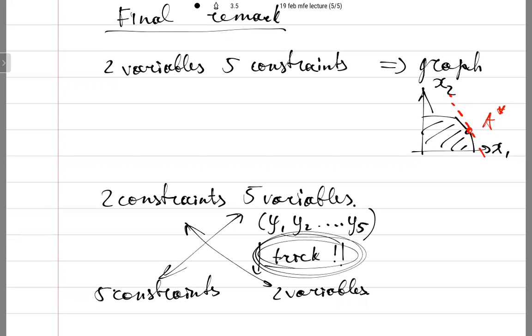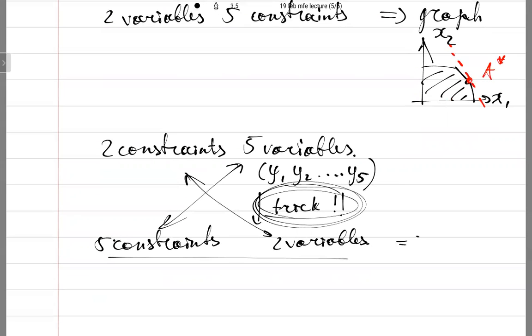The trick we will do next time once more, and we will provide some general theorems, but the trick is already at our hands. We can interchange the number of variables and the number of constraints, and this problem we can solve graphically.